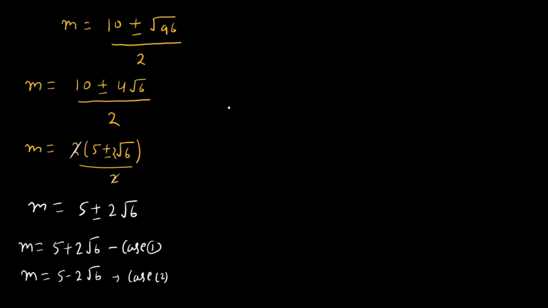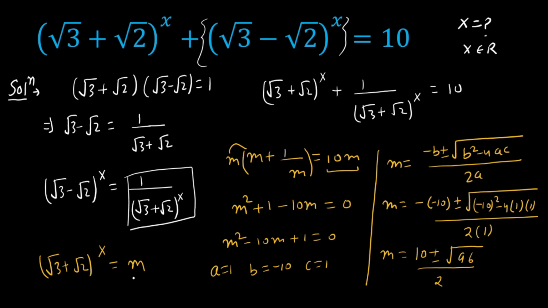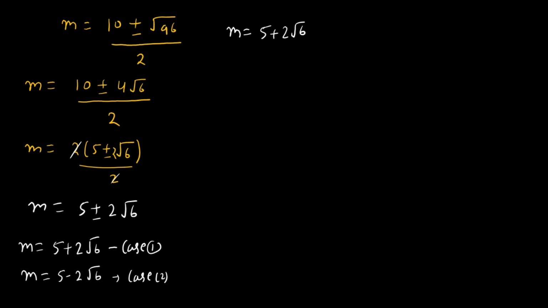Case first: m = 5 + 2√6, and we know that m is (√3 + √2)^x. So (√3 + √2)^x is equal to 5 + 2√6.